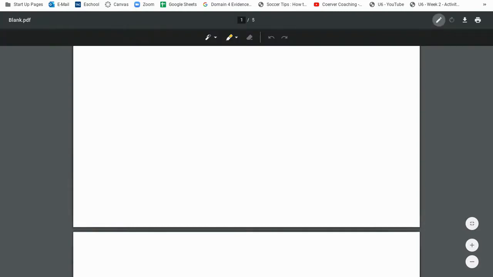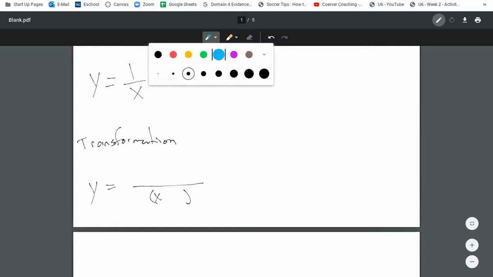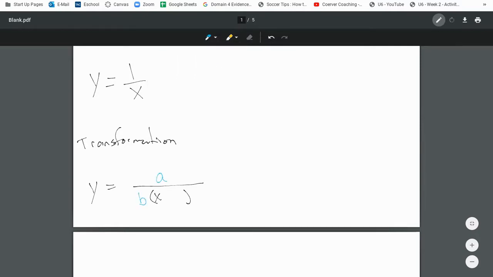If the parent function is y equals 1 over x, then as a transformation, our job is going to be to fill in these values: A, B, C, and D. Remember, the B value we very rarely use, so I want you to concentrate on A, C, and D.